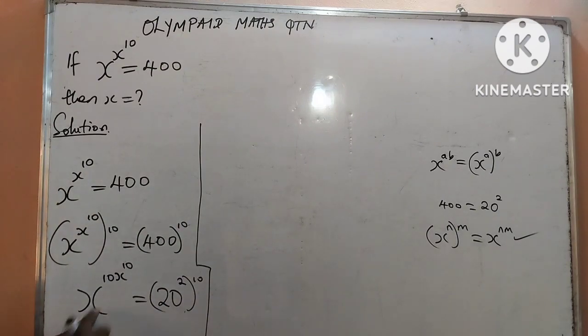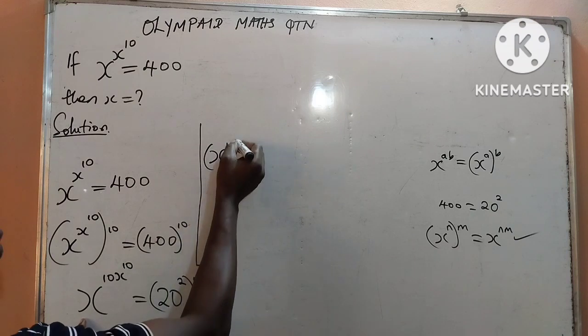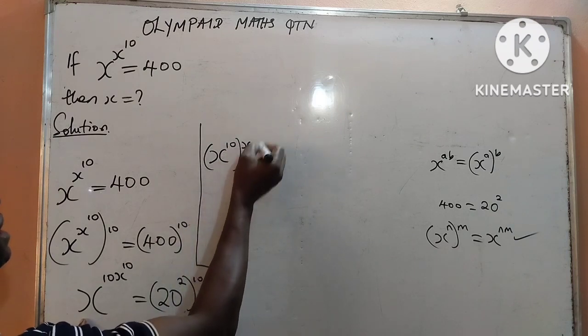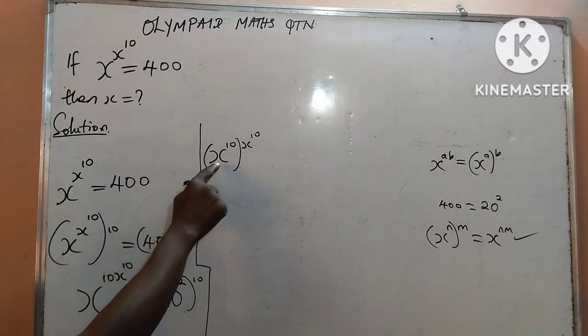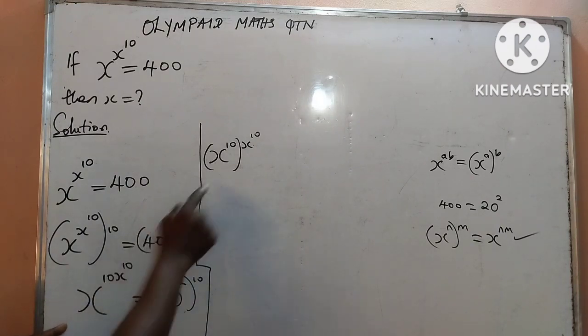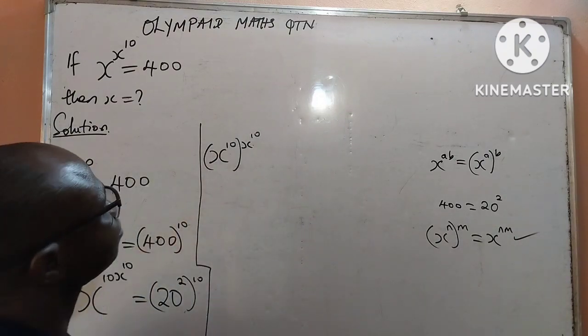So, on the left hand side, I can still write it as x to power 10, everything raised to x to power 10. I have separated it, put the first part into the bracket, and the second part outside the bracket.